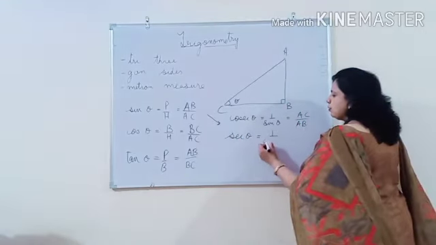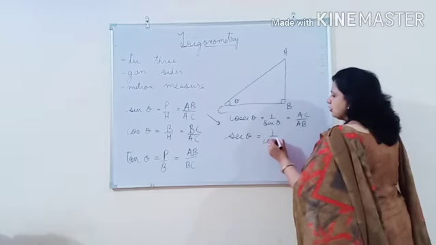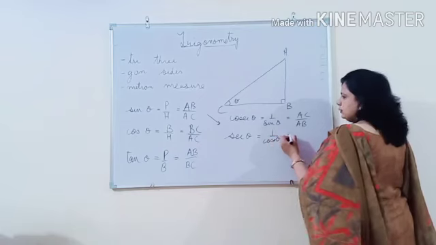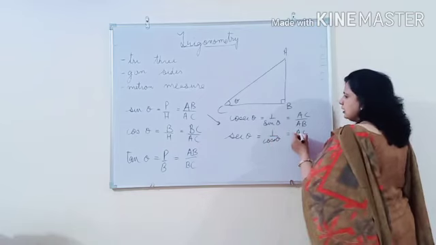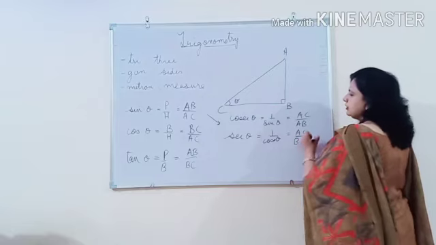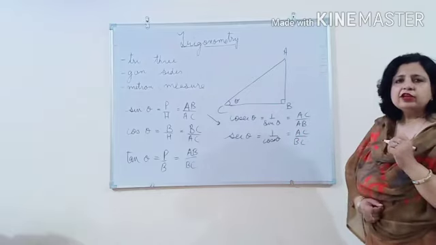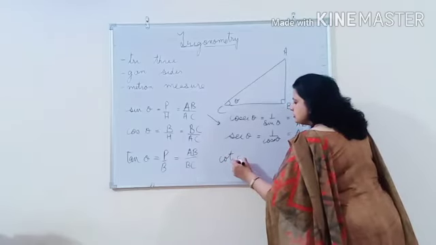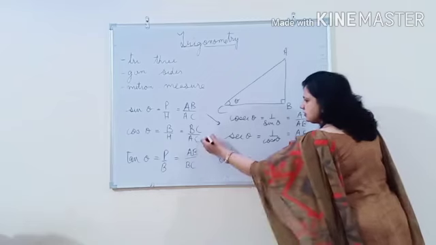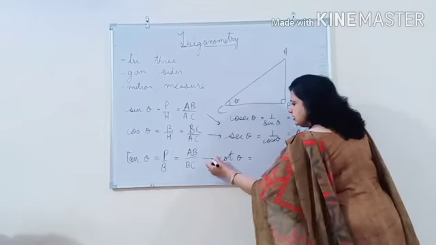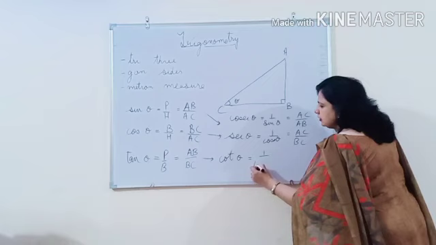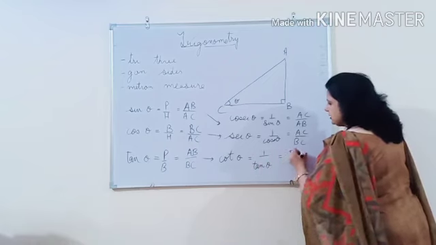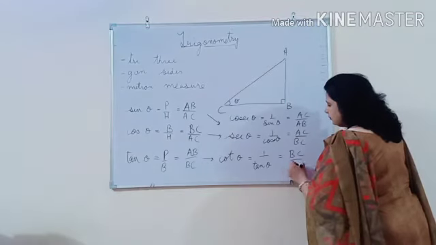This is 1 upon cosine theta, and this will be equal to AC upon BC. And then we have cotangent theta, or cot theta. This is the inverse of tan theta, 1 upon tan theta, and this will be equal to BC upon AB.